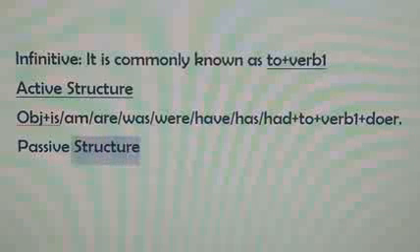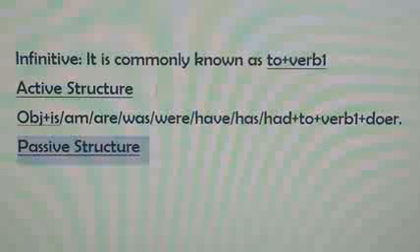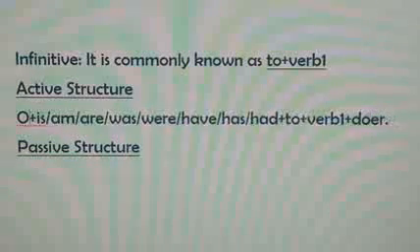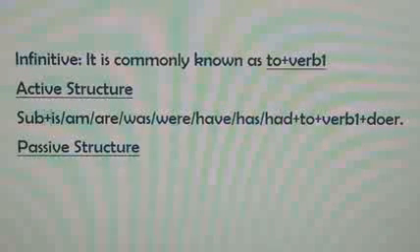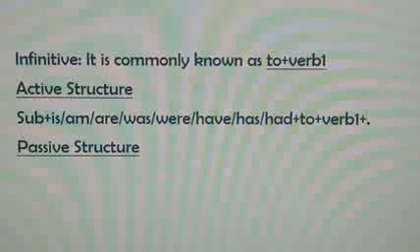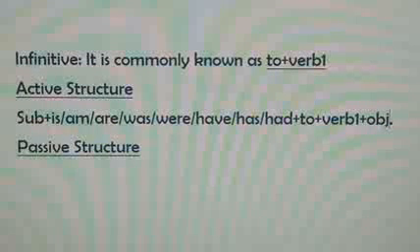Over here in the active structure it is the subject, because I have written the active structure. Now I am going to write the passive structure, so I will convert it into object.